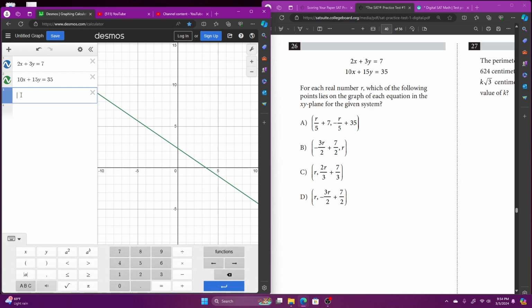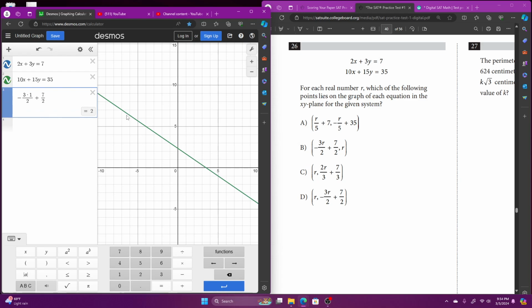So if we said negative 3 times 1 over 2 plus 7 over 2, we do get 2.